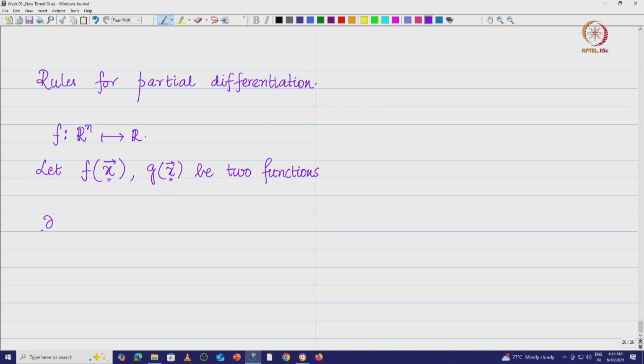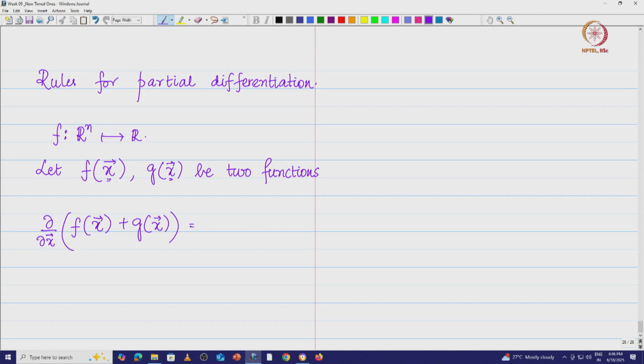So I am going to look at what is the partial derivative of the sum of the functions f of x and g of x. What does this mean? You basically collect the partial derivatives of the function f and collect the partial derivatives of the function g, and you want to find out the partial derivative of the sum of the functions f and g, where both g and f are functions of multiple variables, say n variables here x1 to xn.